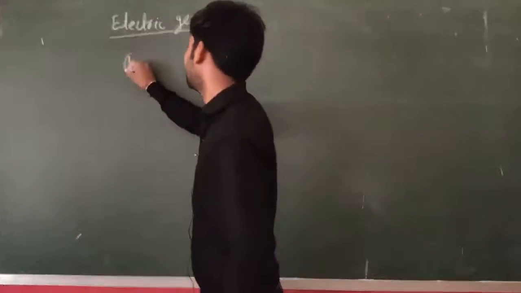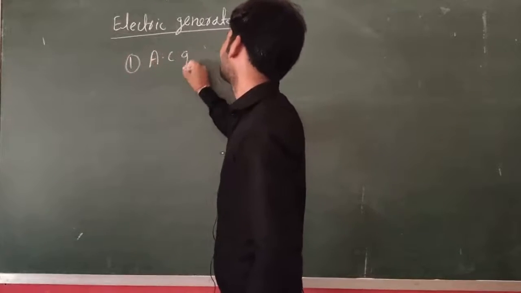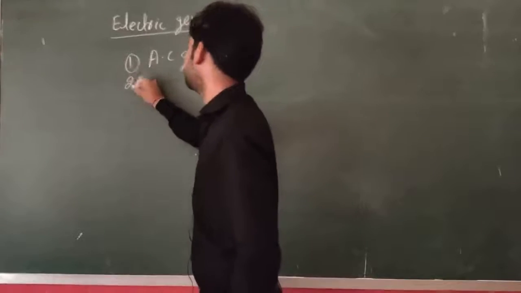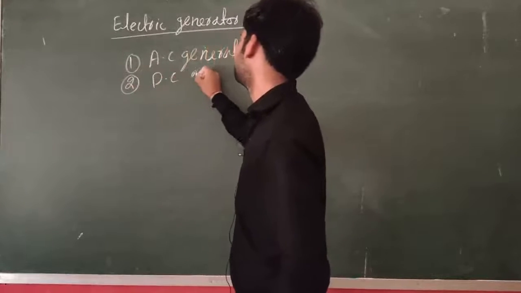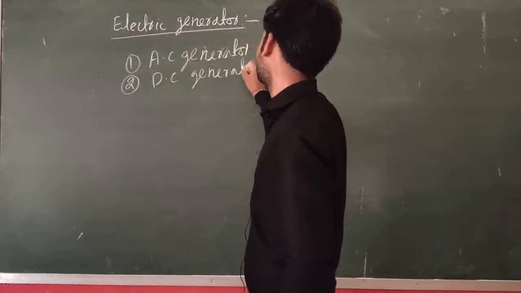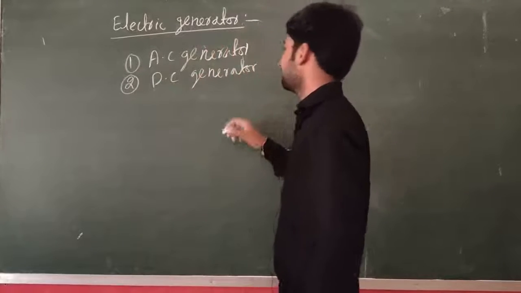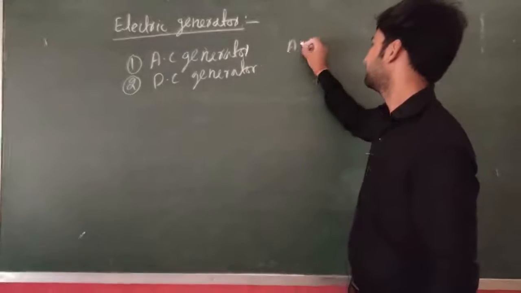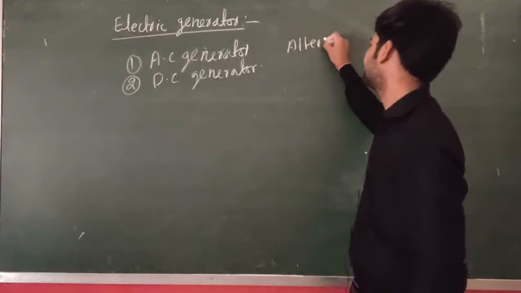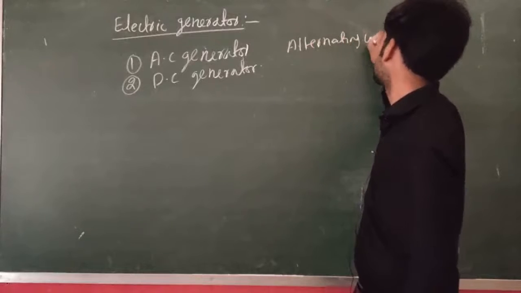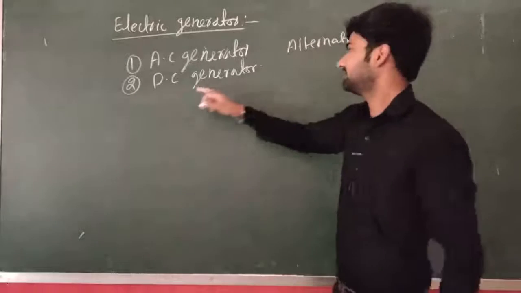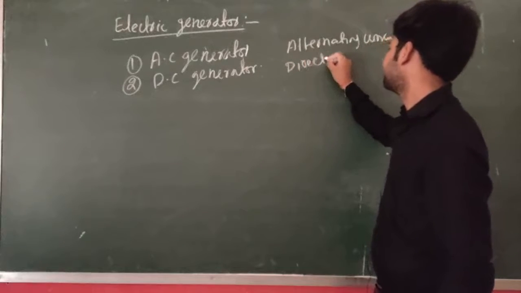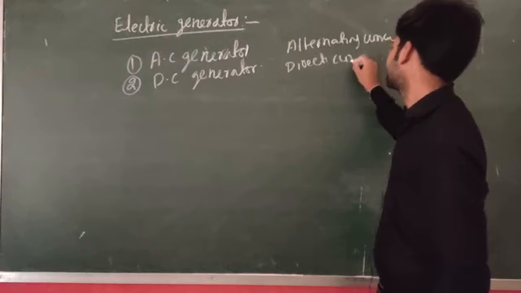First one is AC generator and second one is DC generator. AC generator produces AC current, alternating current, and DC generator produces direct current.